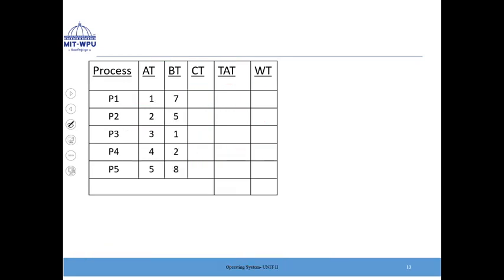I have taken a few more examples as an exercise. This example you can solve using the non-preemptive approach. The strategy we are going to use is shortest job first.